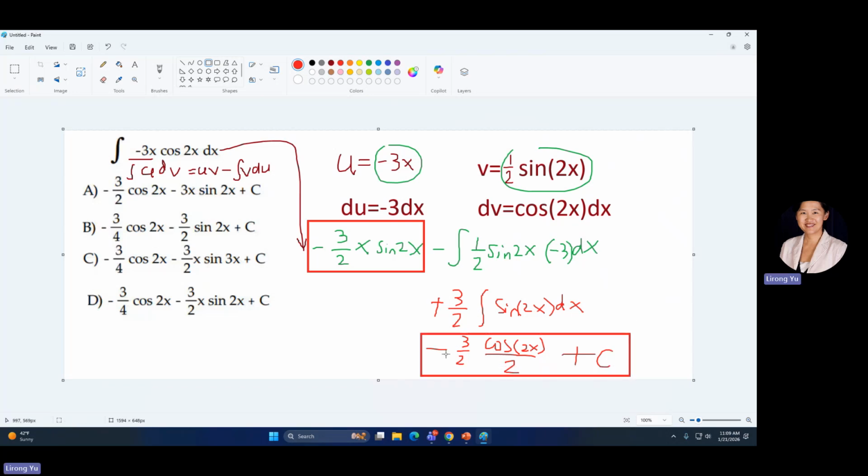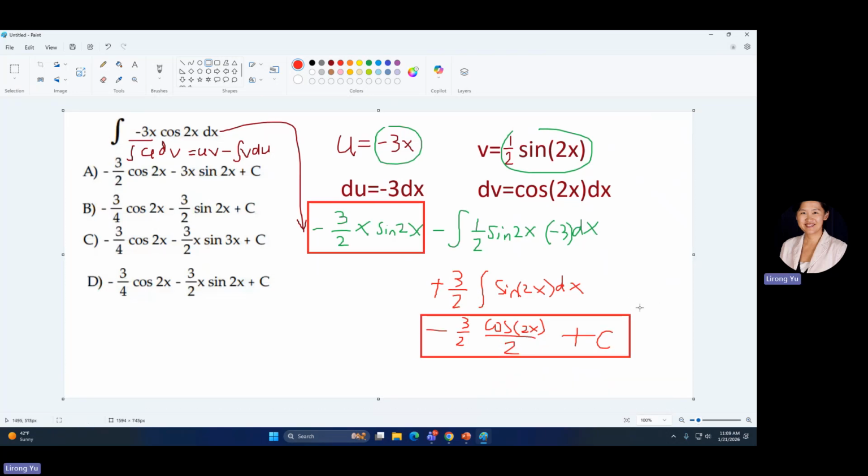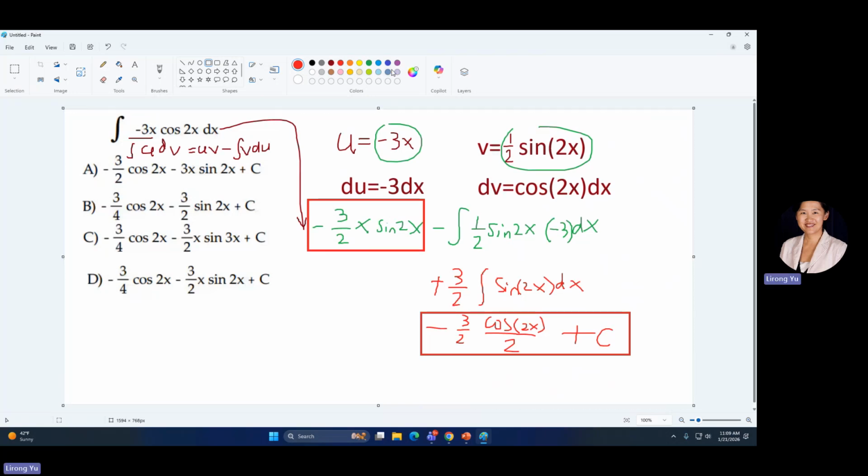So the final answer will look like this. And you rewrite it, so you can compare. The final answer is negative 3/2 x times sine 2x. And then there's a negative here as well. So it's negative 3/4.